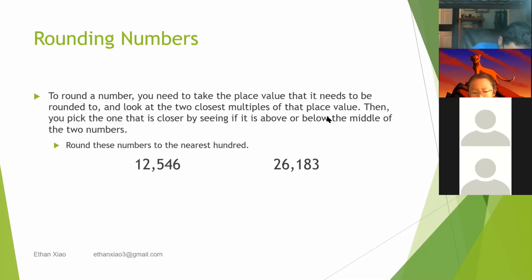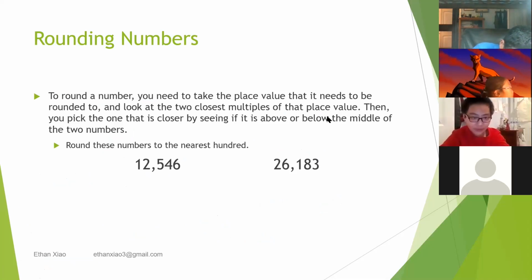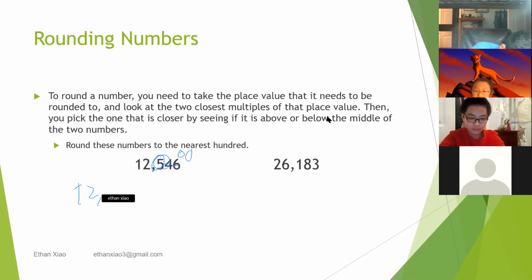So for the first one, we have to round this one to the nearest 100. So what I do is I look at this number over here. This is the hundreds place value here. And so I just turn everything after that into zeros. So my first number is 12,500. And the second closest multiple is just this, but you add 1 to the hundreds value, 12,600.